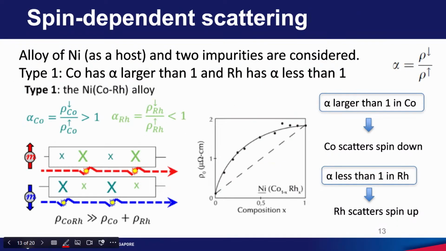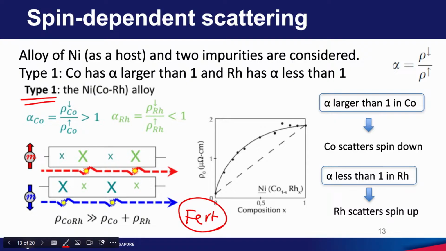Now let us go into some study carried out by the group of Professor Fert, who got the Nobel Prize for GMR. Professor Fert's group studied the spin dependent scattering in two systems. There is one system which they call type 1.